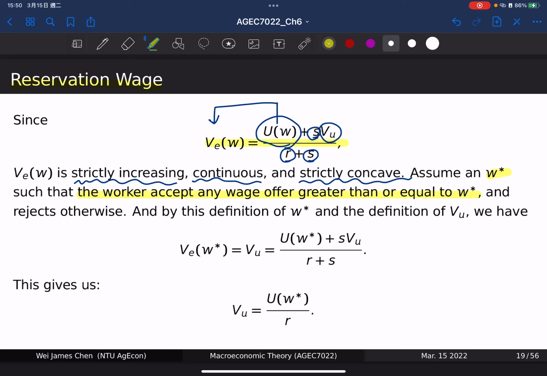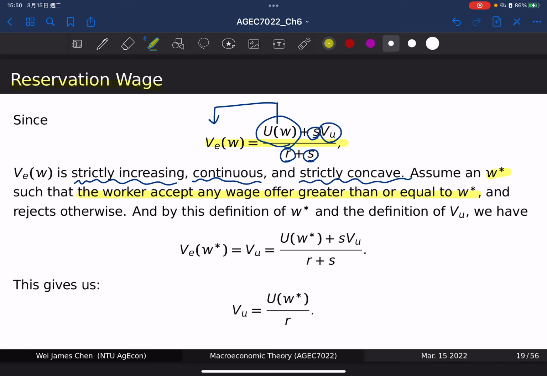Remember here, there are only two things: either I work or I don't work. It doesn't have that feature like I told you before that labor supply can be backward bending, where maybe the wage is too high and I decide to work less. Here, whether you work is a binary variable. So if you work at a higher wage, then at an even higher wage you should work as well. It shouldn't be the case that at wage 20 you work, but at 30 you don't. And if you don't work at wage 15, then you shouldn't work at wage 14 either. So there should be a cutoff, and that cutoff is W star.